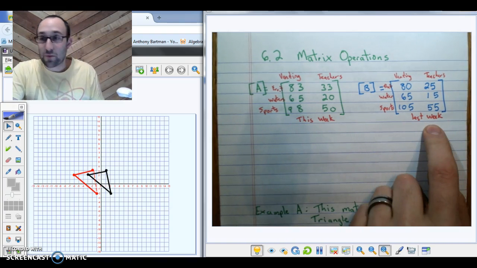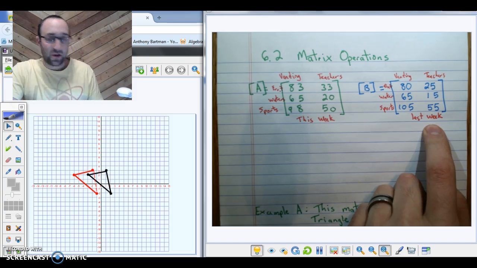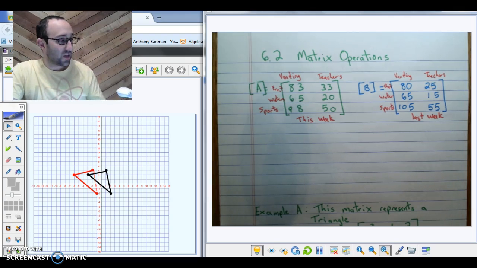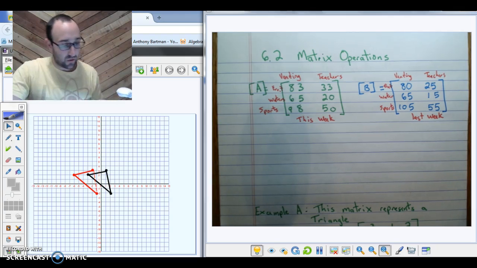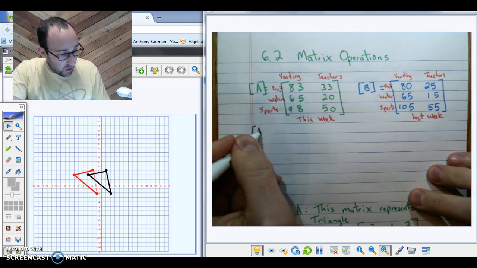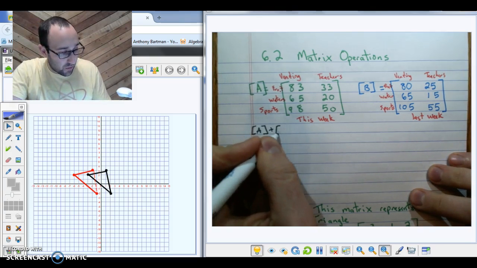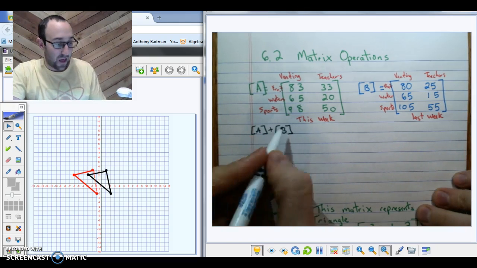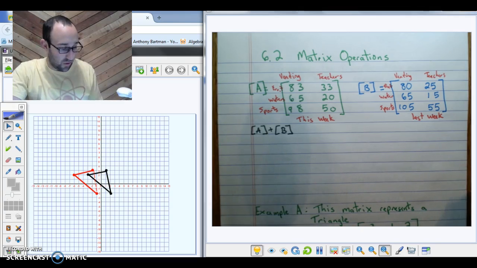Now someone also did the same thing for last week. They kept track of it. So now let's say you said, well, how many were sold for each vending machine total? Okay, so that's exactly what we're going to do. We are going to add matrices. This would be A plus B, right? Because I want to know how many were in both of them together, so I'm going to add them together. We are going to rewrite this and add them together.